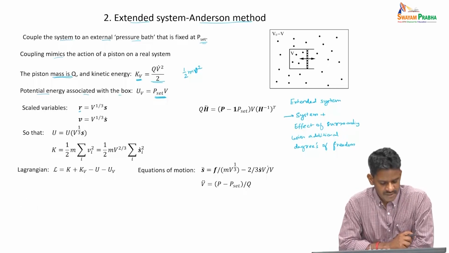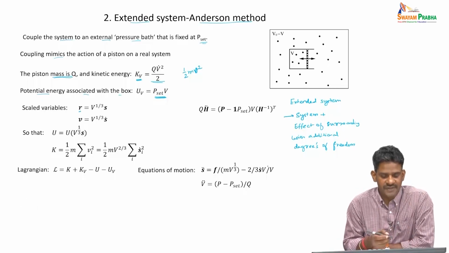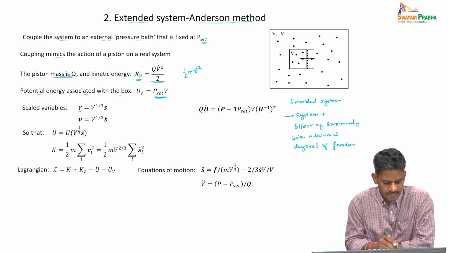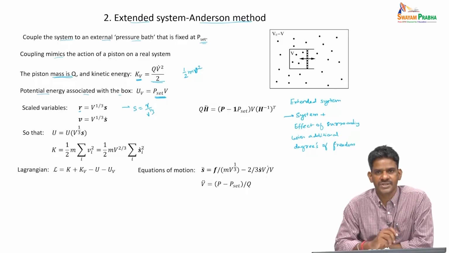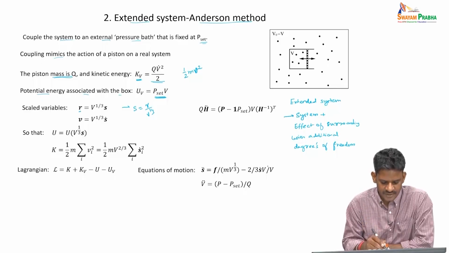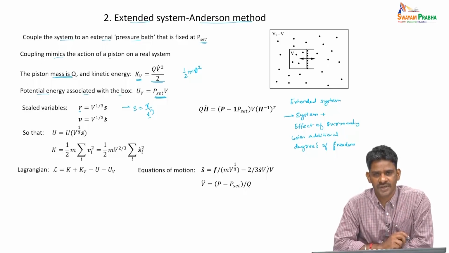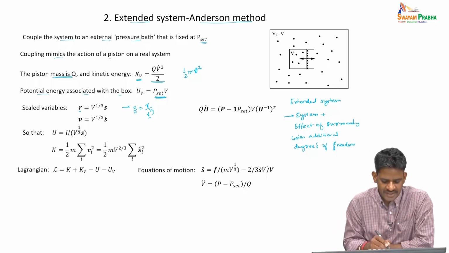Now, the particle positions or coordinates are used in terms of a scaled variable S, where S is R divided by V to the power 1/3. R is the particle position at any given time, and V is the corresponding volume at that time, and we always use a scaled variable.